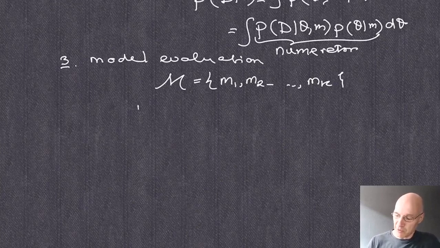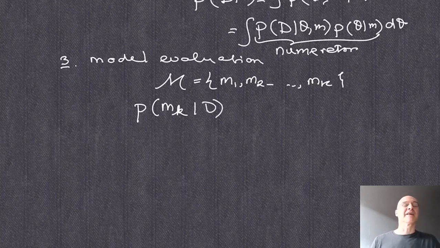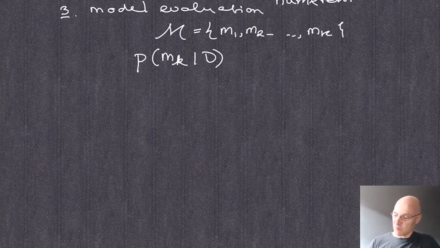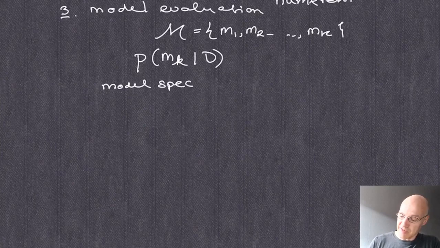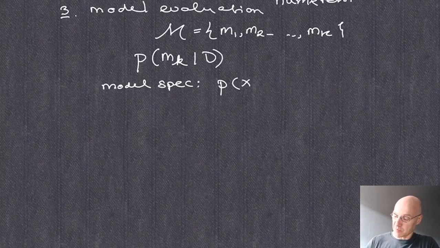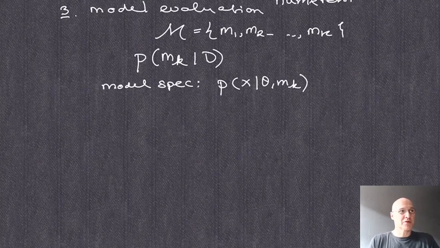Well, what I want to know, I'm always going to state as a conditional probability distribution. I want to know what's the probability for model k given the data. That's what I want to know. All right. So what do we know? In our model specification stage, we have a data generating distribution for models k, and we do this of course for all k.